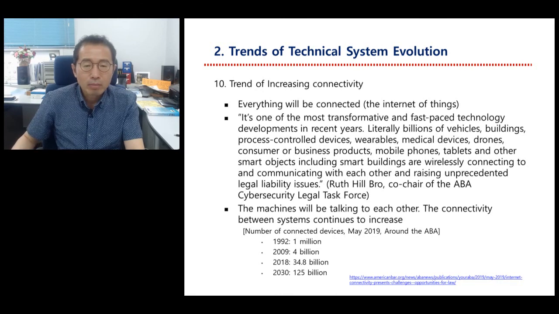Eventually, everything will be connected with the help of the Internet of Things. This is the 10th trend of technical system evolution.